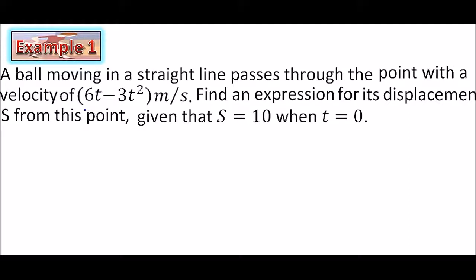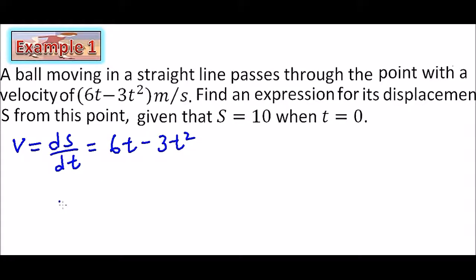So here we have been given the velocity, and we have said that velocity is equal to the differentiation of s with respect to t. So ds over dt is equal to 6t minus 3t squared.